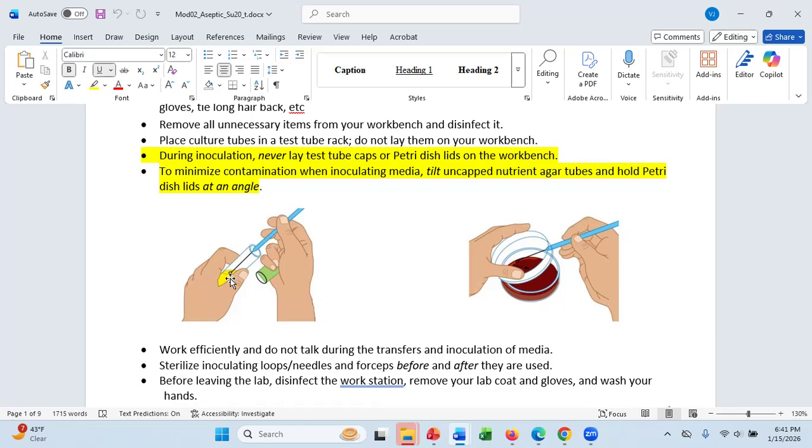When you're holding it at an angle, you have less surface area for something to fall down into the tube. It has to hit directly in this region. It has less surface area than if you hold it that way. So you want to hold it at an angle, and then there will be less surface area for the microbes to actually fall into the tube.